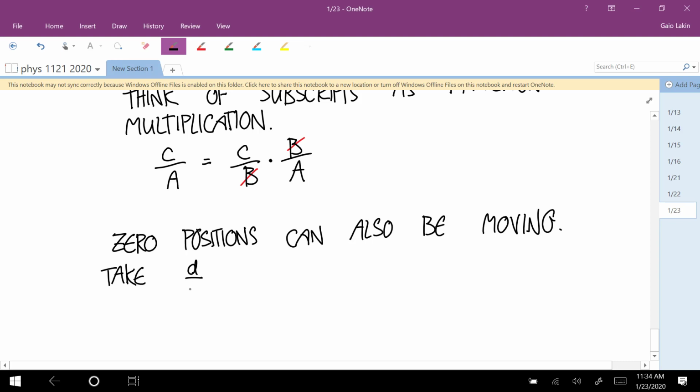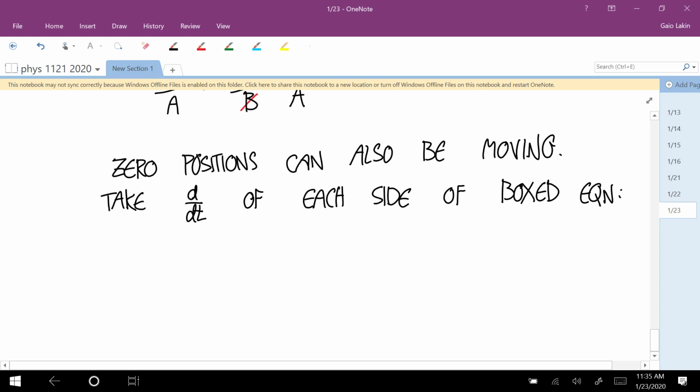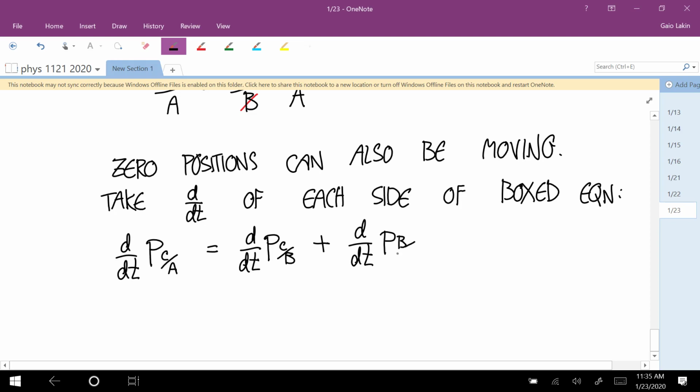But if you take the time derivative of each side of the boxed equation above, you get d/dt of the position of C relative to A is equal to d/dt of the position of C relative to B plus d/dt of the position of B relative to A. Well, these are just velocities.